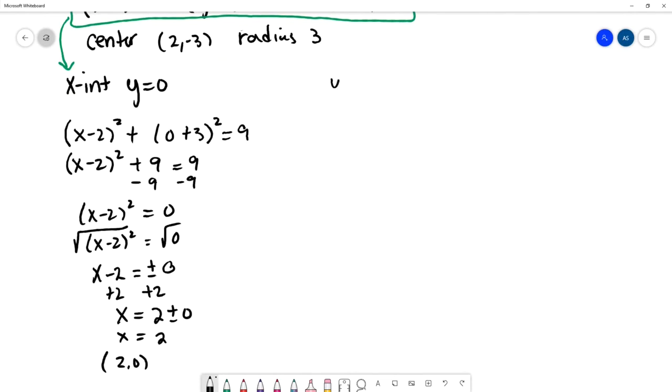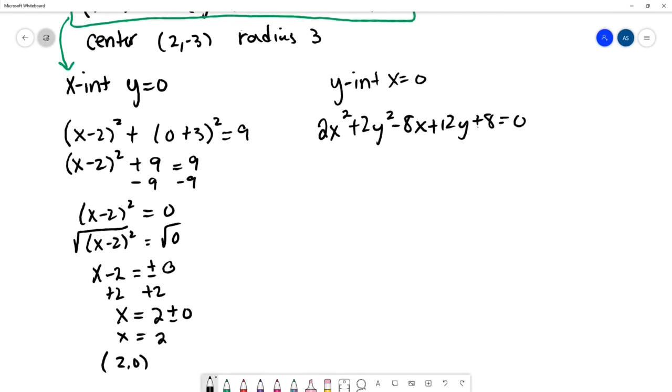We're going to find the y-intercept by letting x equal 0. And this time I will find the y-intercept using our general form. So our original equation was 2x squared plus 2y squared minus 8x plus 12y plus 8 equals 0.